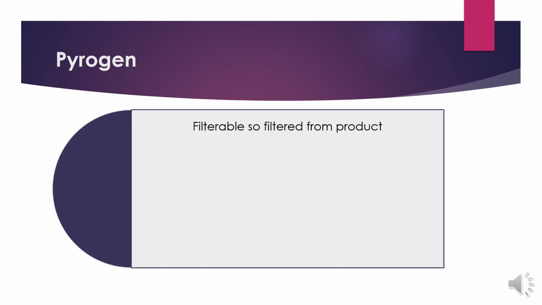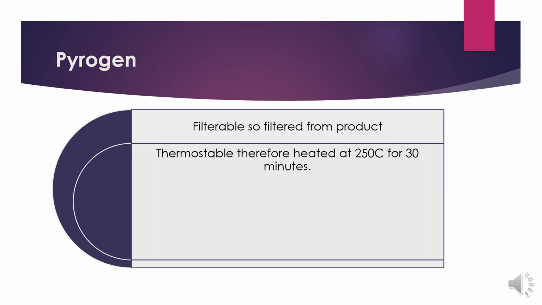So basically they are filterable. This means they can be filtered from the product or from the raw materials in the case of their presence, and they are also thermostable.